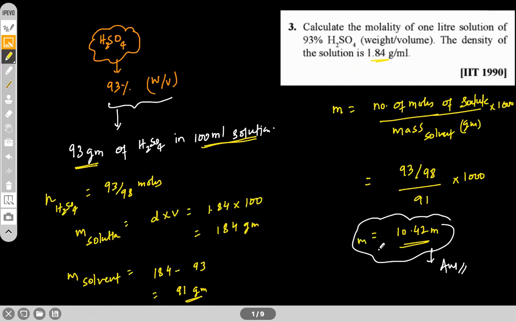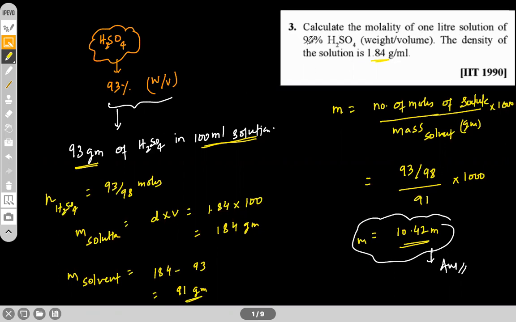So what was given in this question? In this question, it was given that 93% H2SO4, weight by volume ratio is given. So first of all, to solve this question, you should know the meaning of this weight by volume. This means mass of solute divided by volume of solution into 100.